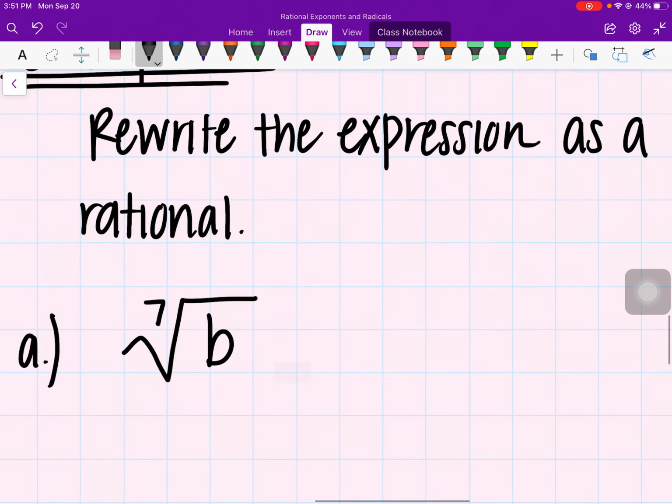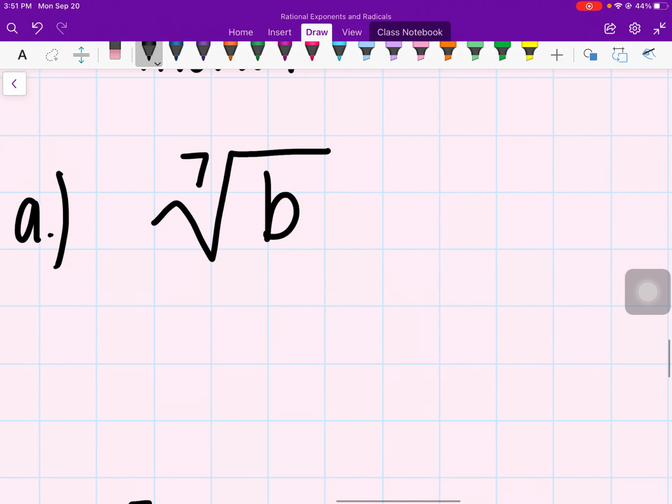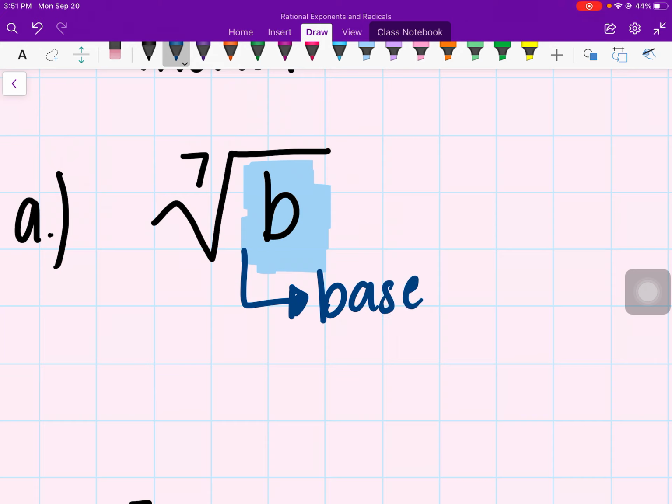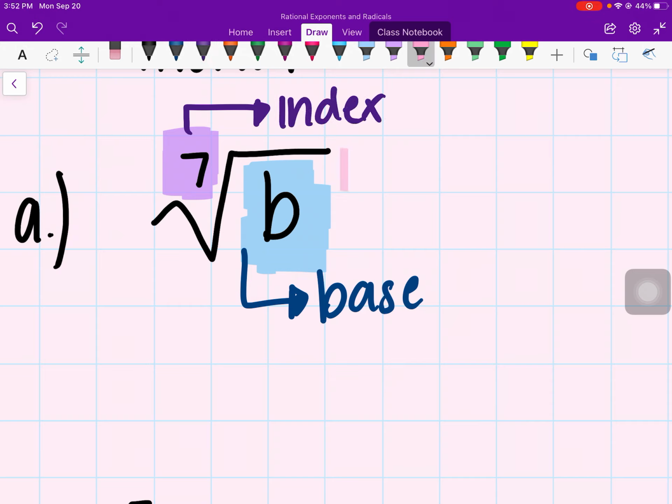In this case, I'm going to identify a few things first. Once again, the b is going to represent our base. B represents the base. And in this case, the 7 is going to represent our index. And in this case, guys, we do have a power. It's not shown, but we actually do have a power. The power is a 1.